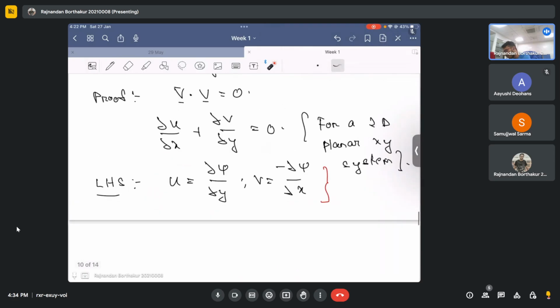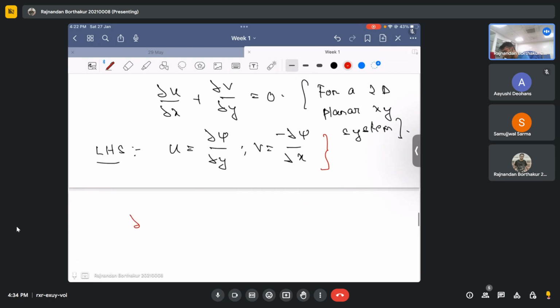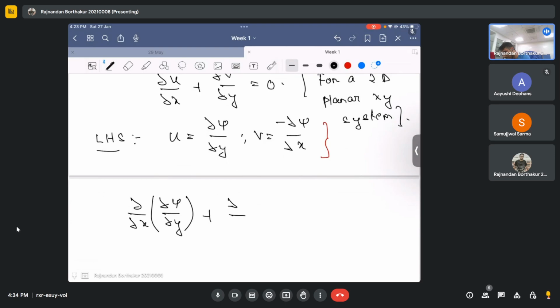Okay. So the left hand side becomes del by del x of u, where u is nothing but del psi by del y, plus del by del y of v, and v is nothing but minus del psi by del x. Okay.